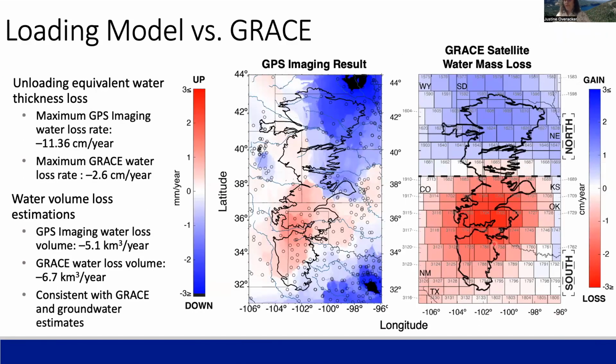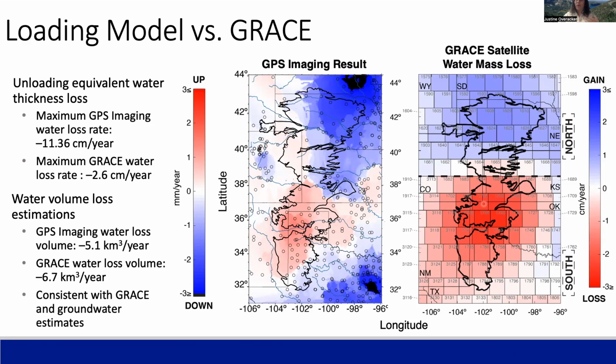So if we compare our estimated rates to GRACE, the unloading model maximum water equivalent height result of 11.4 centimeters per year is significantly higher than the 2.6 centimeters per year shown by GRACE. But if we compare our volume estimations to the full GRACE model for the southern part of the High Plains Aquifer, it does significantly better.